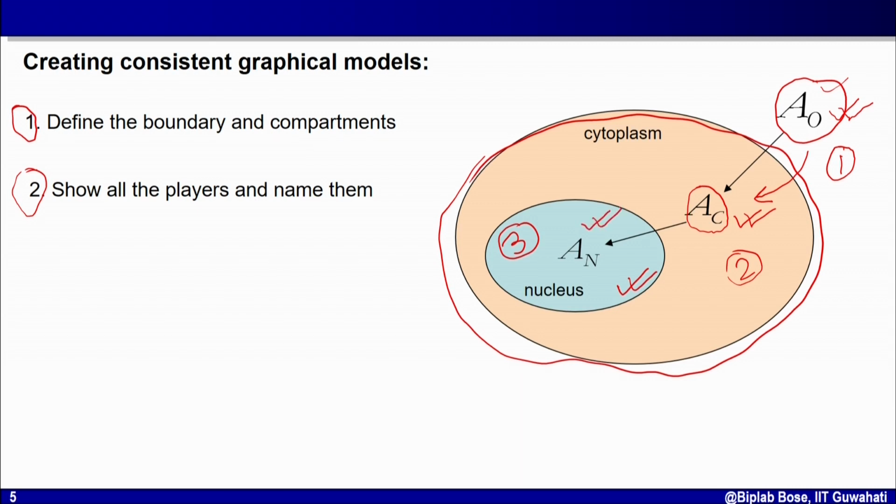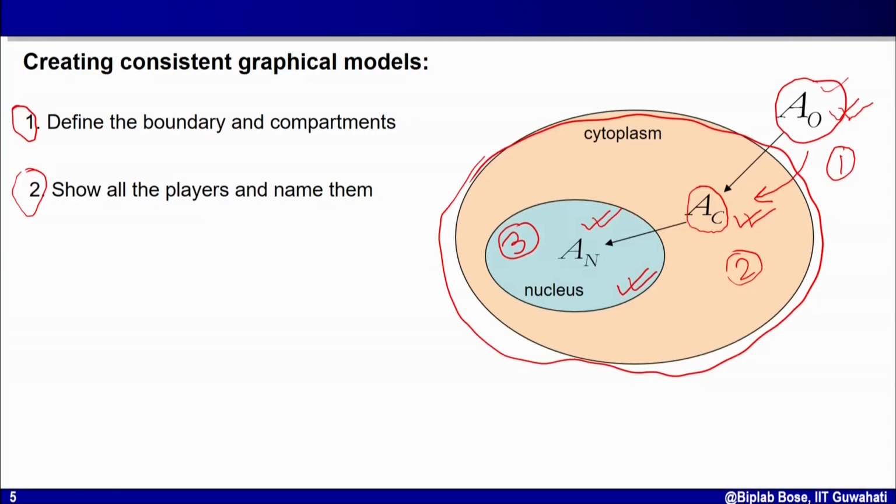So note the crucial issue here. Although A present outside the cell, inside the cytoplasm and in the nucleus are the same molecule, we have named them separately because they are present in three different compartments.